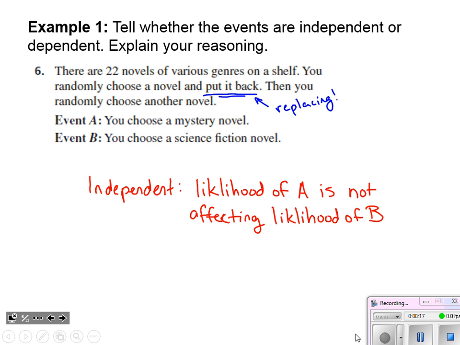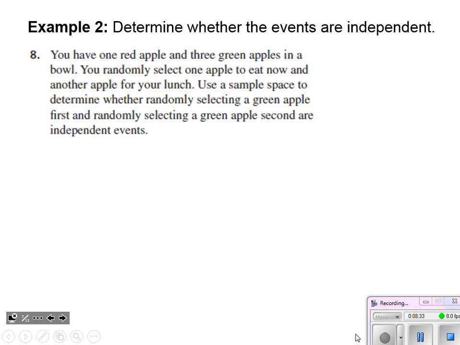And since we put the book back, there was no change in how many books we started with. It was still out of 22 books. So choosing a mystery novel and putting it back does not change our likelihood of getting the science fiction novel the second time. So that was the explanation. The outcomes and likelihoods, I guess, are not affected by the first one. The second event is not affected by the first one.